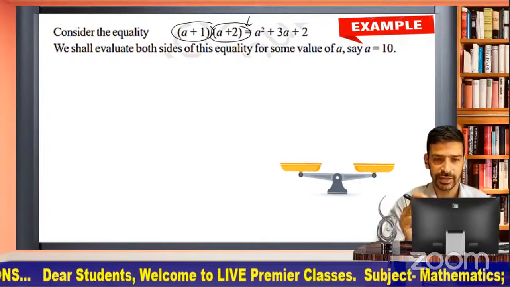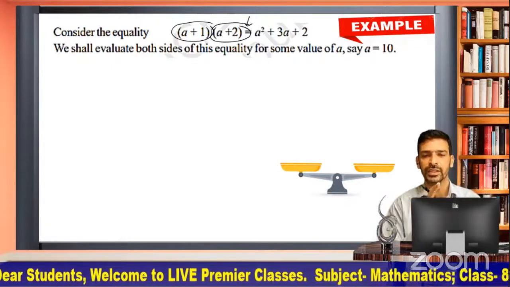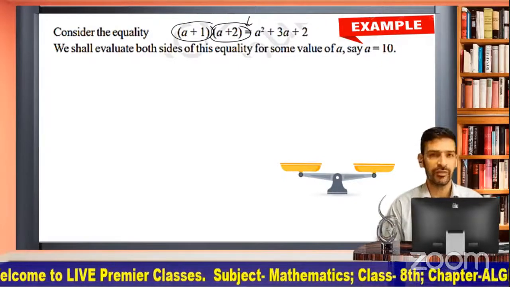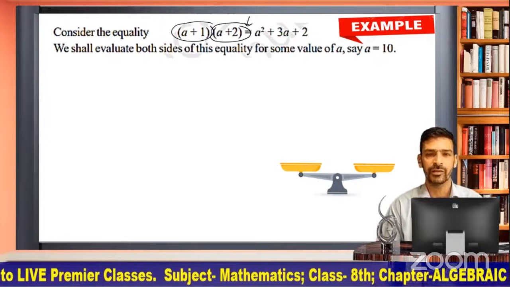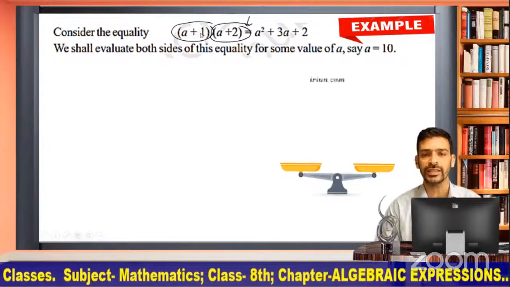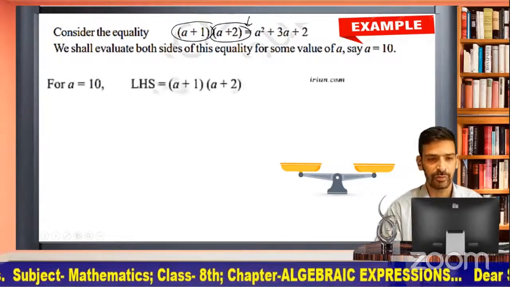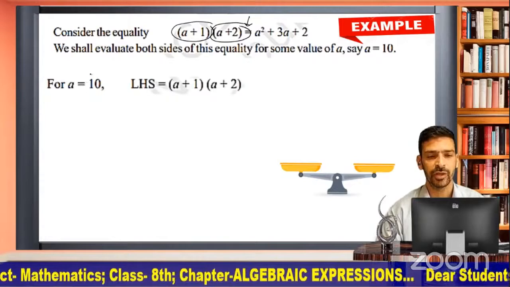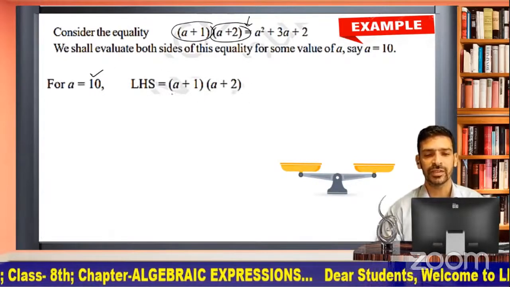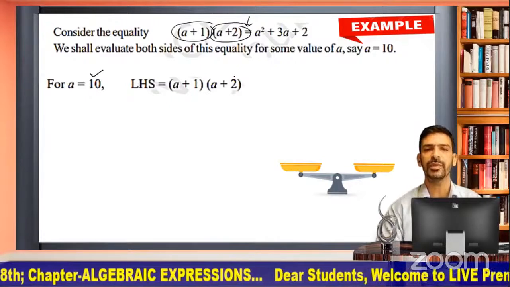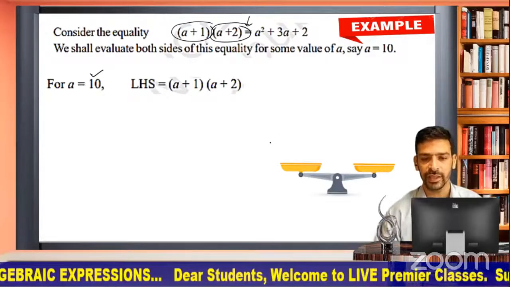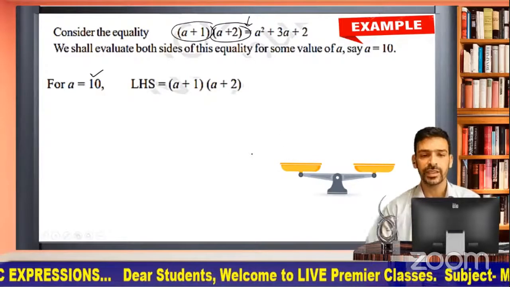Now let us solve this equality having variable a for value 10. Let us take value of a as 10. So we proceed like this. If a equals 10, we solve left hand side first. So it is a plus 1 multiplied by a plus 2. Okay? That is the LHS of our equality. Let us visualize it here like this.